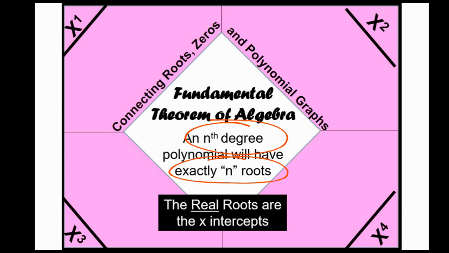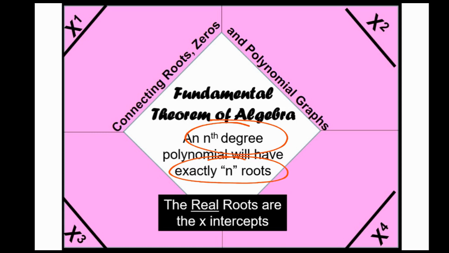And of course we also tied that into the graph, and ultimately we have the connection between roots and zeros and the graphs of polynomials, all tied together with the fundamental theorem. But there's more.